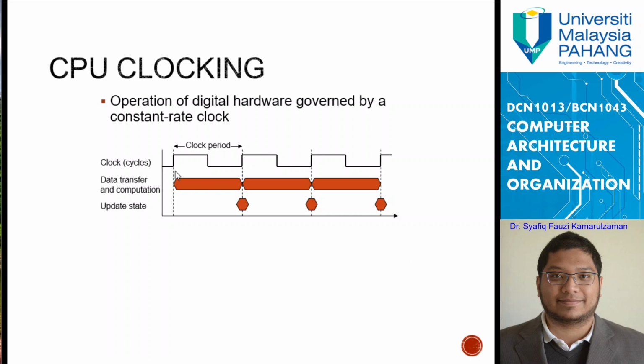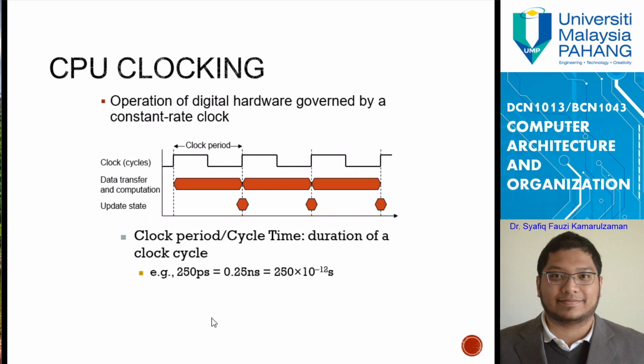Here we have the clock cycle, the data transfer and computation, and here is the update state. So clock period or clock cycle time is the duration of a clock cycle. For each clock cycle, an instruction is being conducted. Sometimes it takes more than one clock cycle, but the instruction is being conducted during this period.